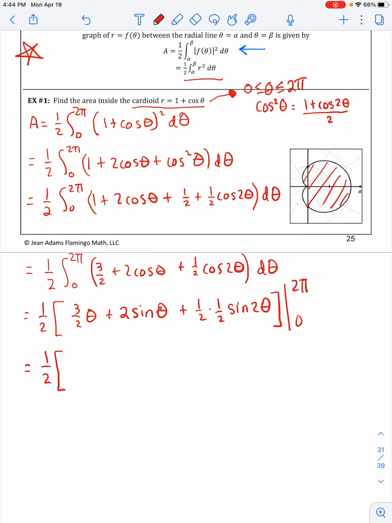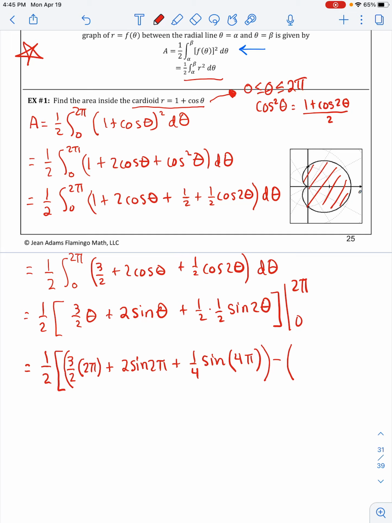So now we are ready to use the fundamental theorem of calculus, where we're evaluating this at 2 pi. And I went ahead and took 2 times 2 pi and got 4 pi. So there's my evaluation at 2 pi minus my evaluation at 0.